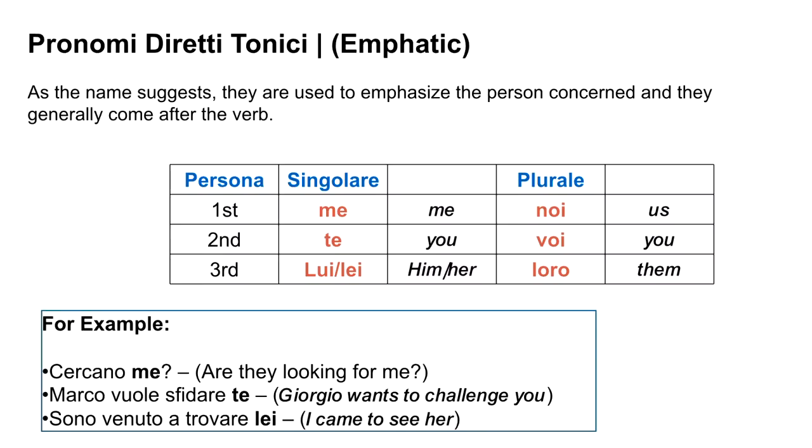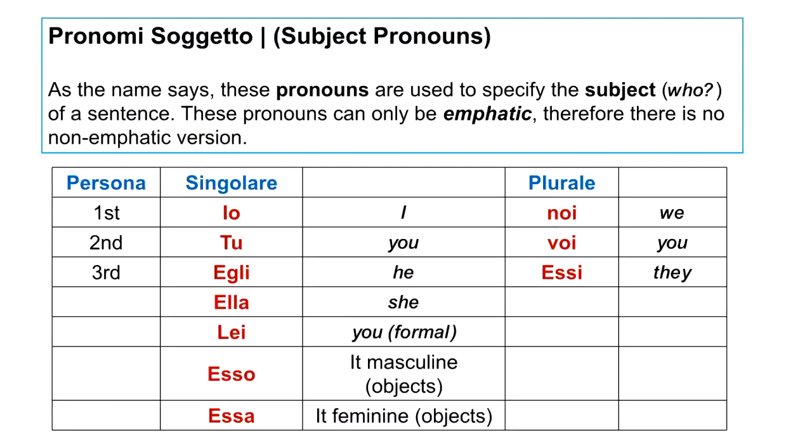And the plural are noi, voi, loro. You remember what I said about the subject pronoun, the plural for the third person?